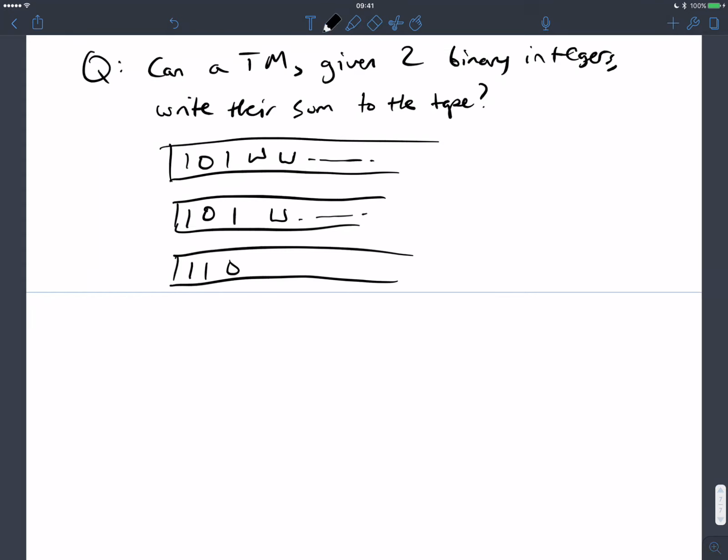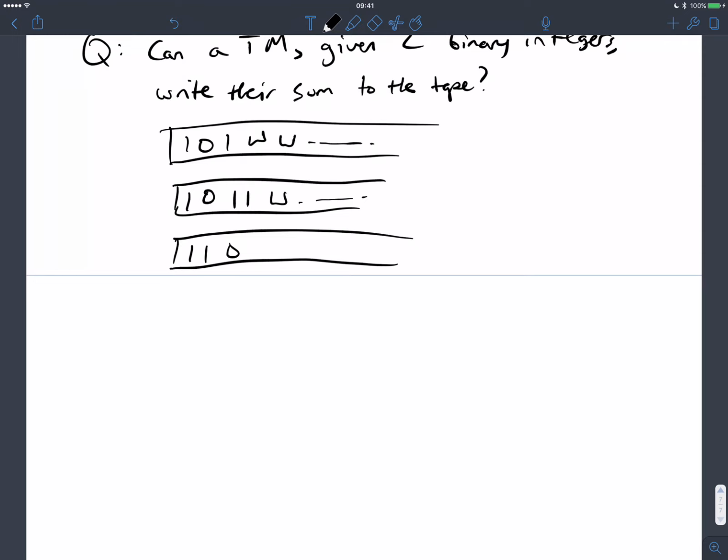So we can subtract 1 from a number, and we can also add 1 to a number. As long as I'm seeing a 1 on the right side, I change it to a 0, and keep the carry over until I see a 0, turn it to a 1. So we can actually compute n plus 1 and n minus 1 easily.